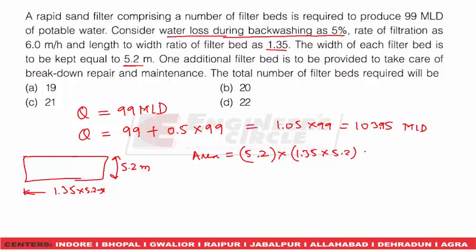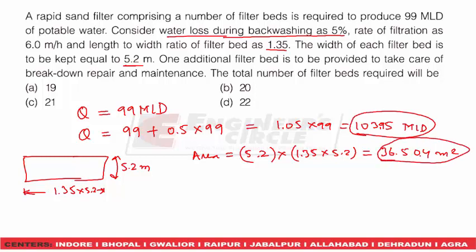So it comes out to be 36.504 meter square. So total discharge required is this much, area is this much.